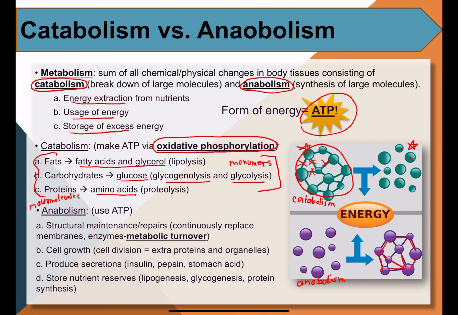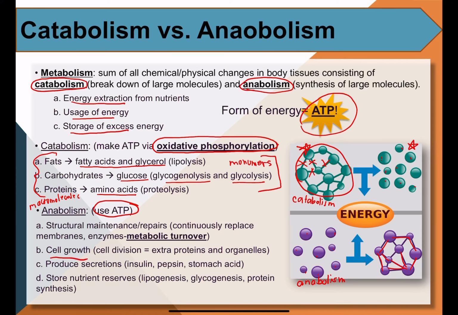So anabolism is when we use ATP instead of producing ATP. Processes for structural repairs, where we have metabolic turnovers, is when we will use ATP. Remember those cells and enzymes we were talking about that need to be regenerated within the digestive system or anywhere else in your body.